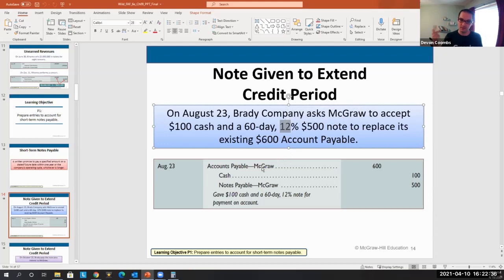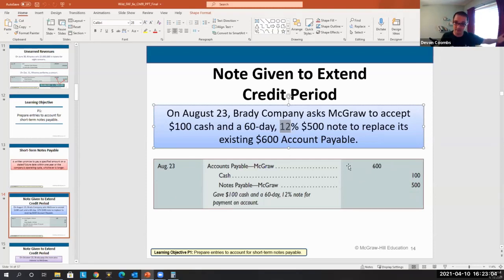And so on the day this occurs, where we're trading out the accounts payable, we'd debit our accounts payable, we credit the cash for what we paid, and then we'd credit a notes payable for the $500, because we've said, hey, we're going to take on that $500 loan. We can't pay the $600 in the short term. All we can pay is $100 today and $500 in a year. And so remember who we are in this transaction, right?